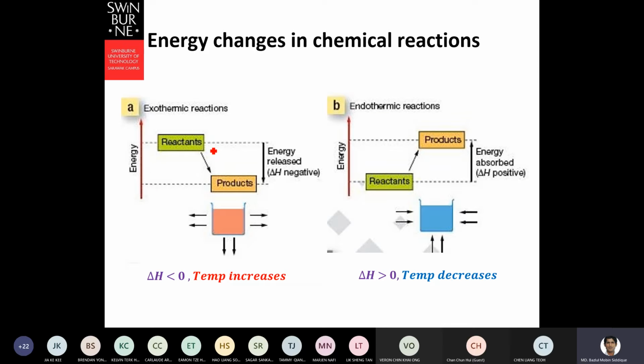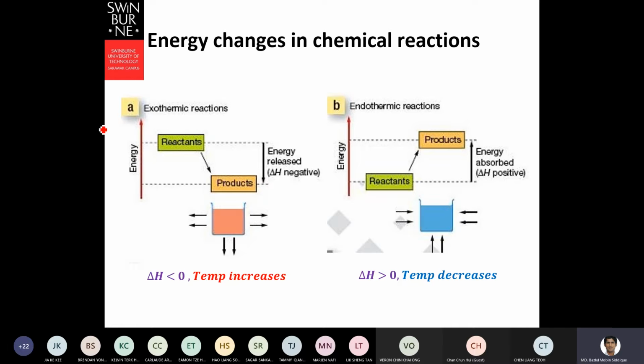The reaction can give us heat, like the gas stove: we cook our meal by using our gas stove. That is a reaction happening, giving us energy, heat. And the other thing is also possible, that we have to provide some heat for the reaction to occur.